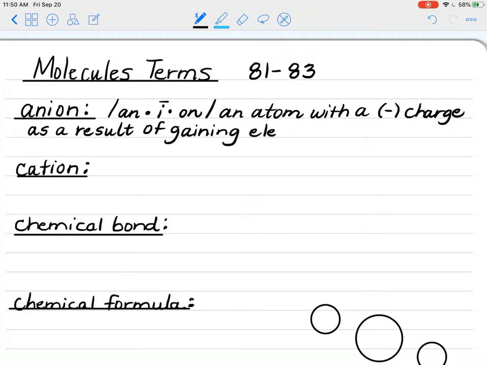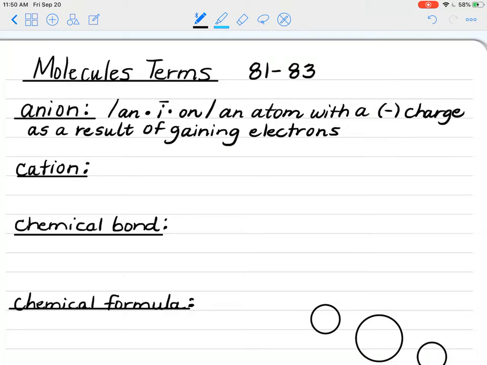Sometimes when one atom passes near another, it will steal electrons from the second atom. When that happens, remember that plus-minus balance becomes unbalanced, and you have an anion as the result. So anions have a negative charge because they've picked up electrons from some other atom.